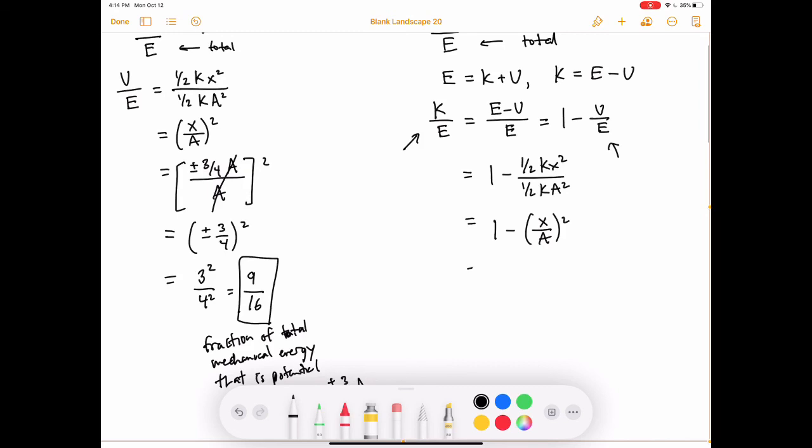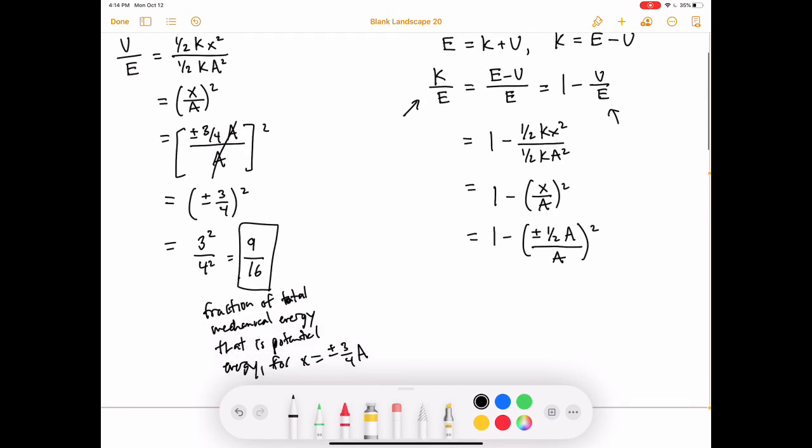So in this case, we have 1 minus, for x, we're going to be putting in plus or minus 1/2 times a, and then divide that by a, and then square. Cancel out the a's.